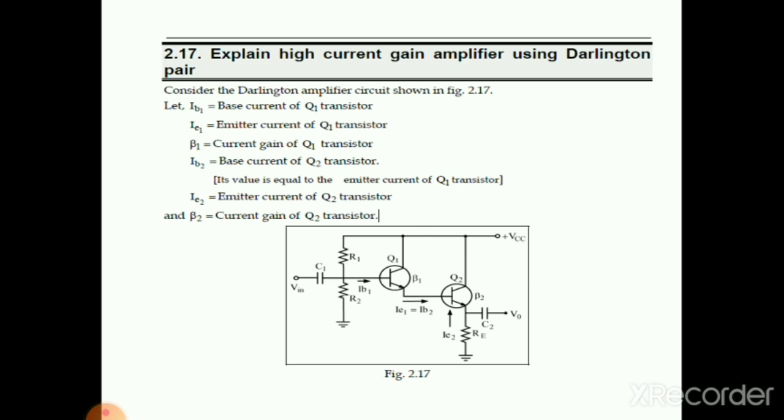Consider the Darlington amplifier circuit where IB1 is the base current of Q1, IE1 is the emitter current of Q1, beta 1 is the current gain of Q1, IB2 is the base current of Q2, whose value equals the emitter current of Q1. We have seen that the emitter of Q1 is connected to the base of Q2, so IE1 is equal to IB2, and IE2 is the emitter current of Q2, and beta 2 is the current gain of Q2.